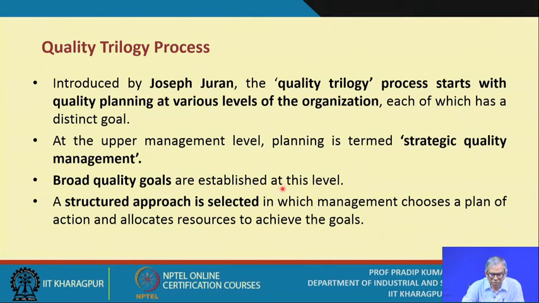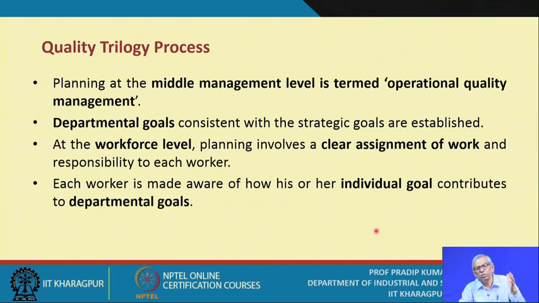Broad quality goals are established at this level, and a structured approach is selected in which management chooses a plan of action and allocates resources to achieve the goals. So this is essentially certain strategic actions you have to take.